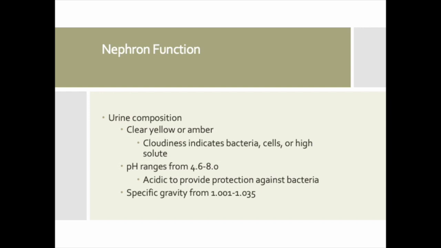The specific gravity usually ranges from 1.001 to 1.035. Anywhere beyond this range would cause a difference in concentration. So anything lower would be very low concentration of urine, and anything higher than 1.035 would be a higher concentration of urine.